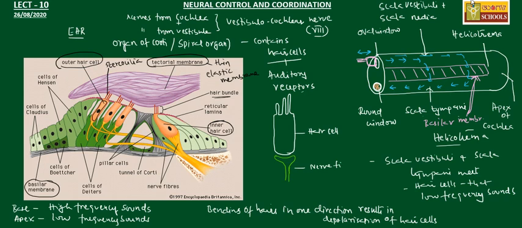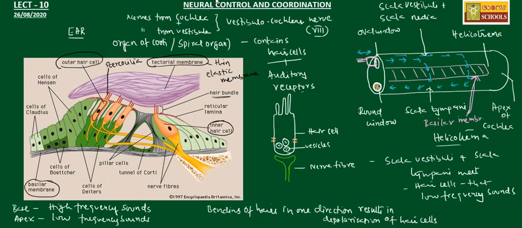Here in the hair cells there will be calcium channels, and inside we find vesicles that contain neurotransmitters.